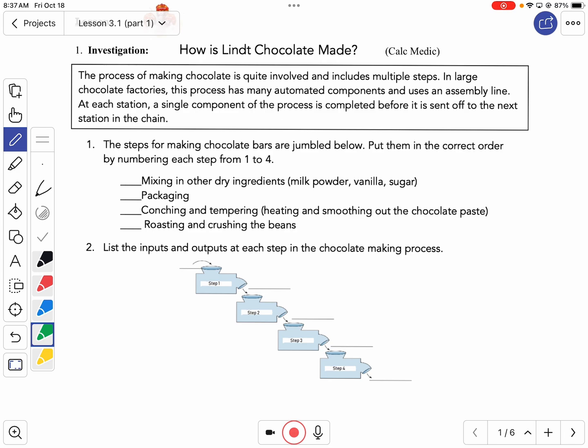Okay. And then after you put in the cocoa powder, you input other stuff like vanilla and sugar. So basically powder and other ingredients. Yes. And then out of that we'll get the paste. Then you input the paste, and after that you get a chocolate bar. Then after chocolate bar, you package it. Yeah, so we have a product, yeah.